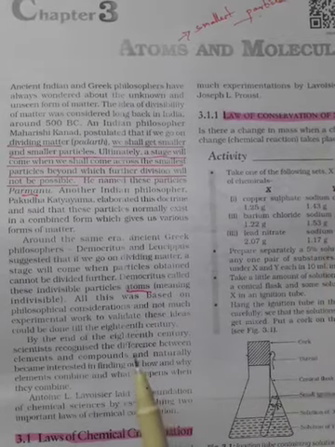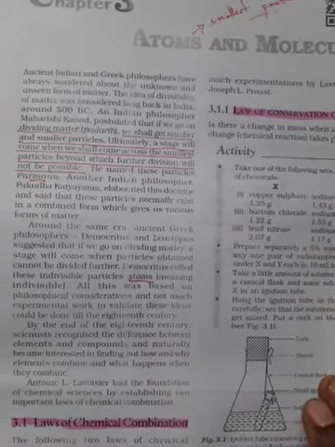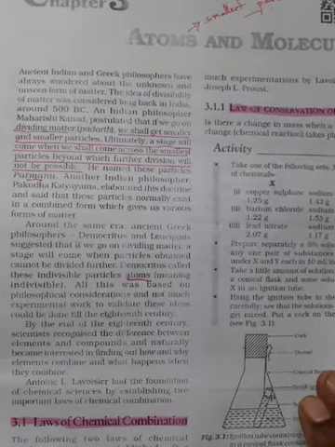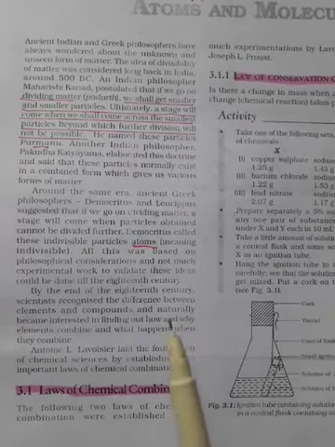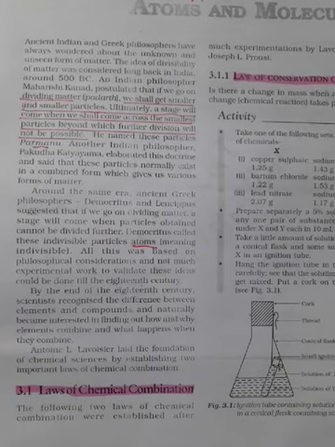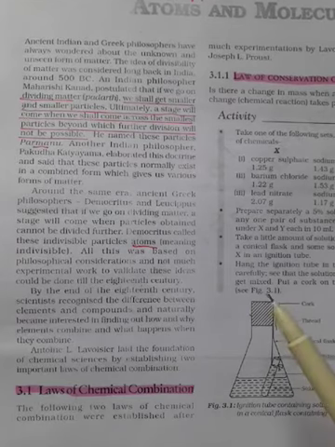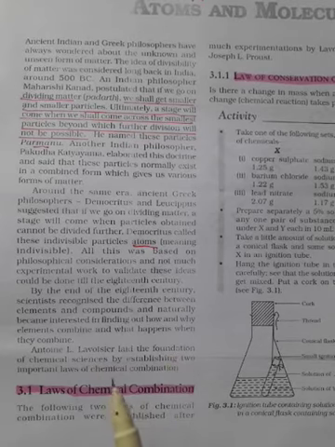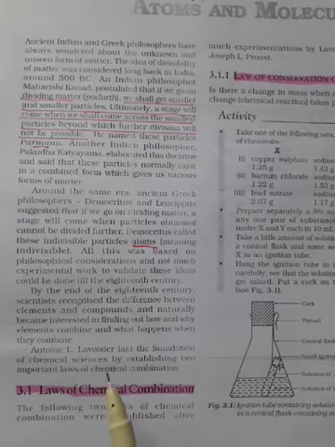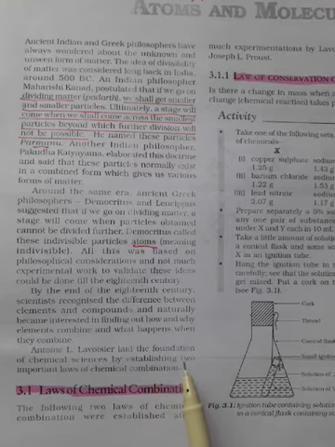In the 18th century, many scientists tried to find it out and experimented with various elements, and Lavoisier put forward two important laws of chemical combination.